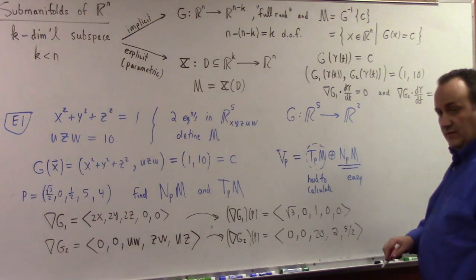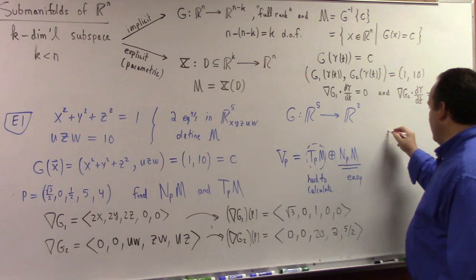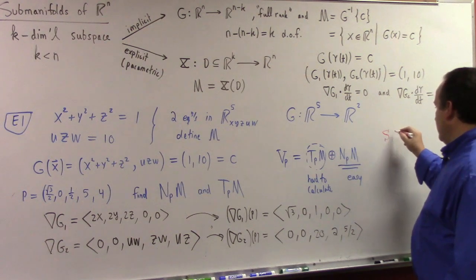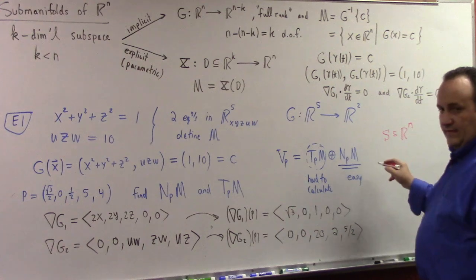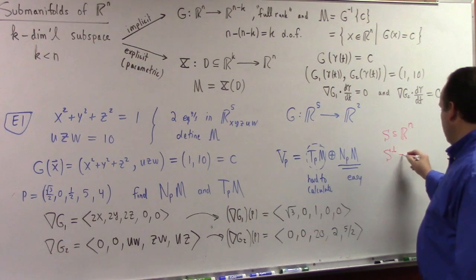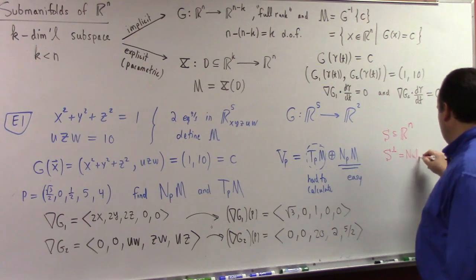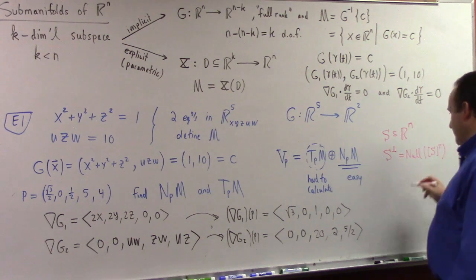One way you can do it, we have a theorem that if you have a subset S of R^n and you want to find the perp to that, it is the null space of the matrix of S transpose.